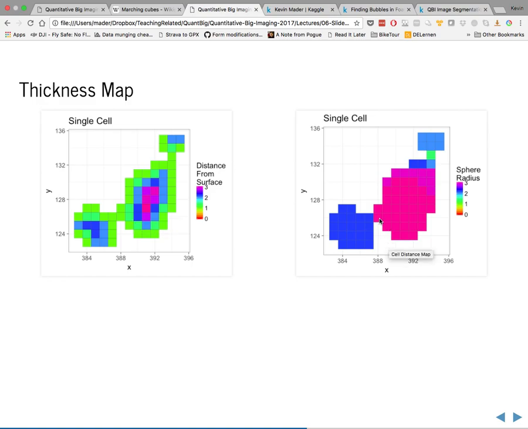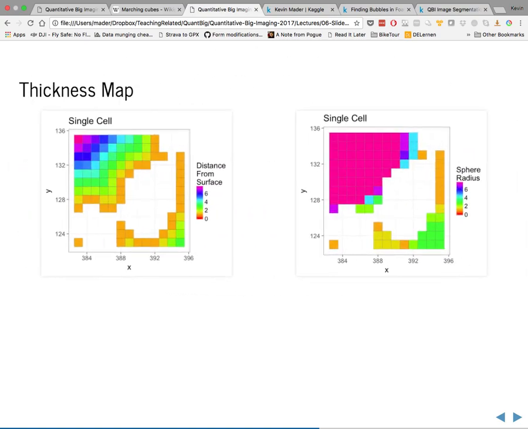It would also be somewhat limited here, but we see there are 2 or 3 points of overlap, depending on if you count diagonals or not. Whereas this one is really just 1 point where those cross. And so the thickness map gives us a tool for taking this distance map that we had before and turning it into more useful metrics and useful images.